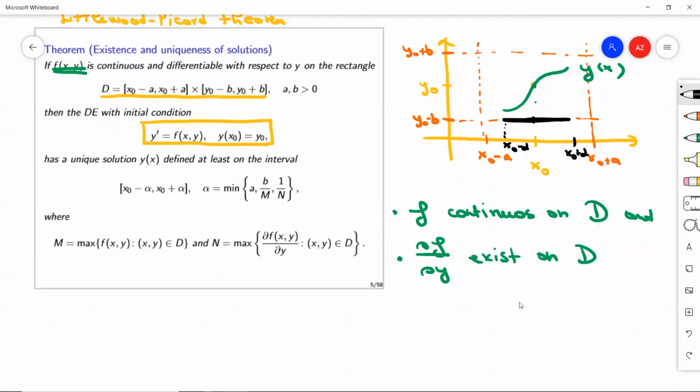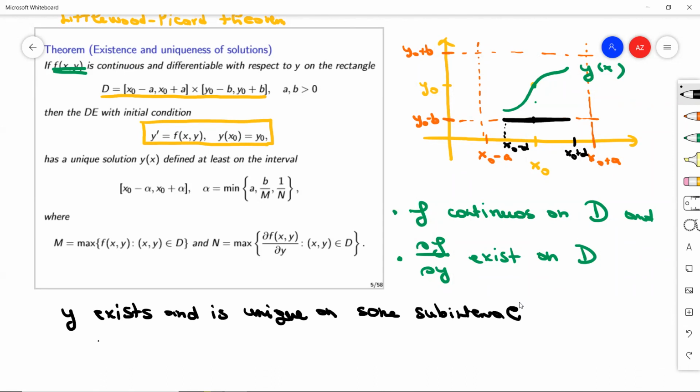So y exists and is unique on some subinterval x naught minus alpha, x naught plus alpha. This is a subinterval of the initial interval x naught minus a, x naught plus a.